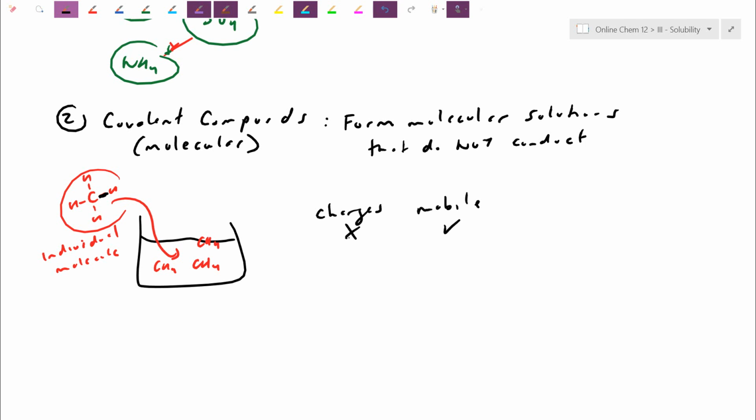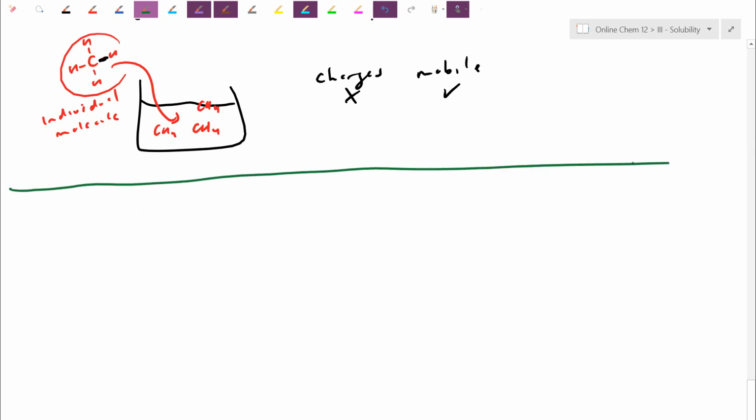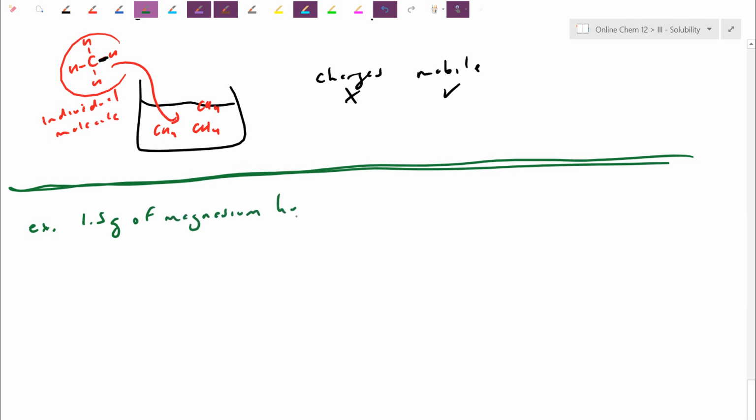Right? So let's just work through another quick example, and then we'll finish off just calculating through a dilution mixing style question. So I'm going to give you this example here. 1.5 grams of magnesium hydroxide can dissolve into 250 milliliters.